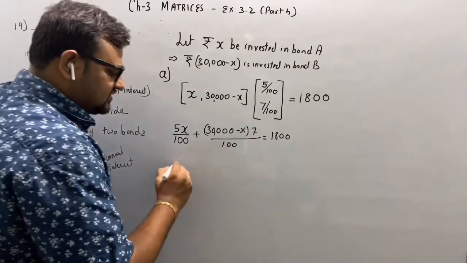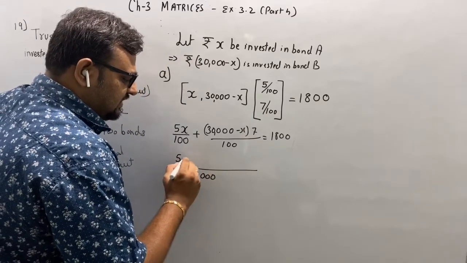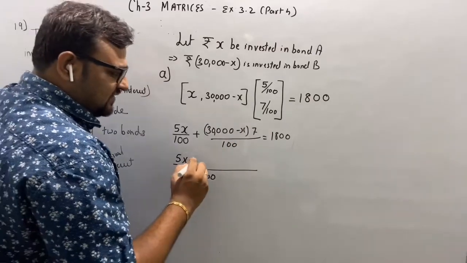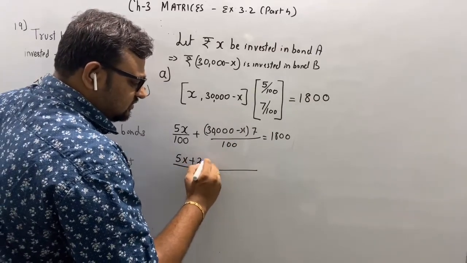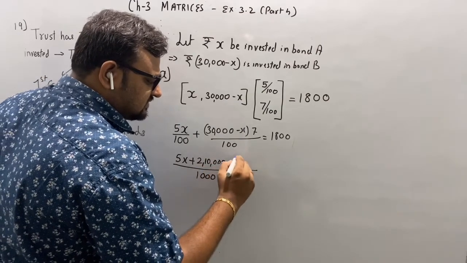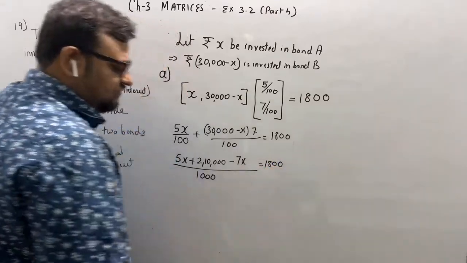Let's take the LCM: 5x plus 30,000 into 7, 7 threes are 21, so 2,10,000 minus 7x equal to 1800.